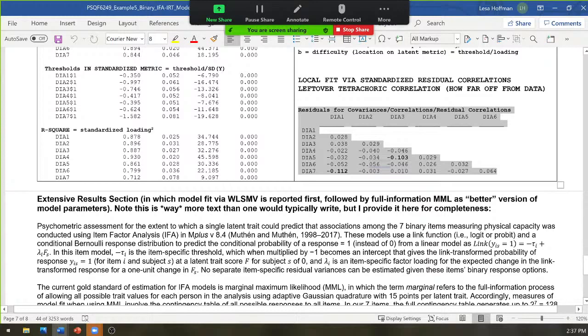Okay, other questions? Okay, you feeling like you can do this? It's not so bad. The logit is the tricky part. The coding is relatively straightforward.